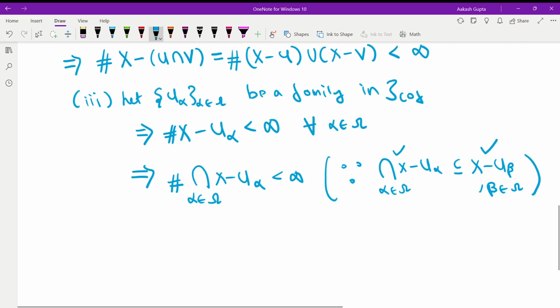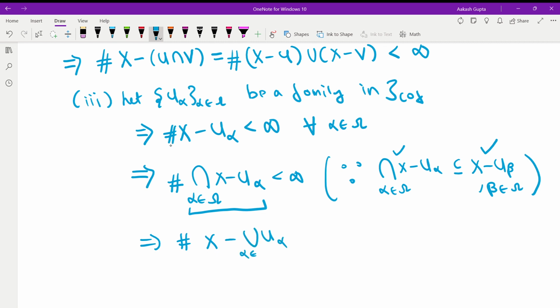Now what is this, guys? This set is nothing but X minus the union of U alpha. Again, what we are using, let us write here, De Morgan's law. Good.